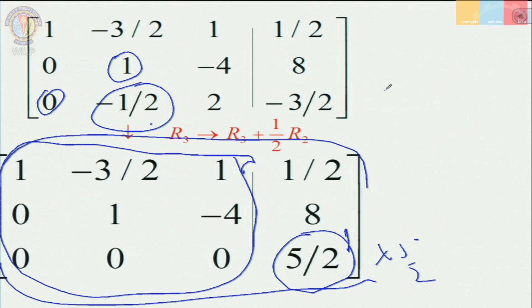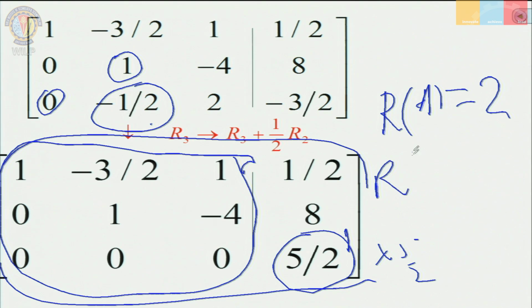So, look at here, the row rank of A is 2, and the row rank of the augmented matrix AB is 3. Both are different. When both are different, it means that the system is inconsistent and a solution does not exist. And it is also very clear. Why?